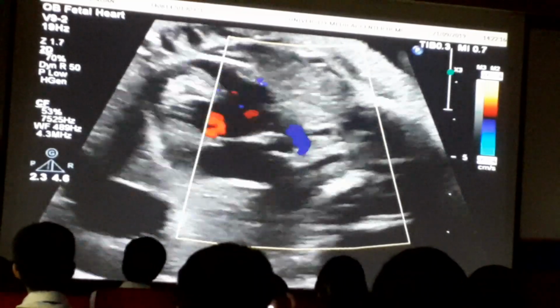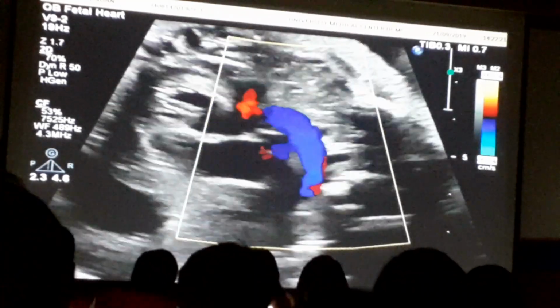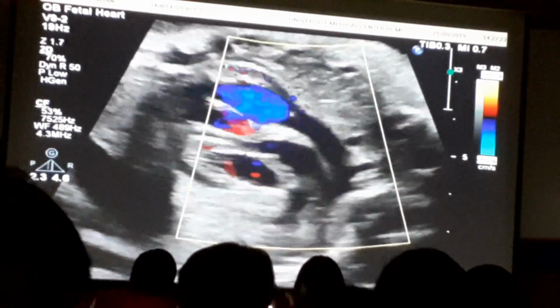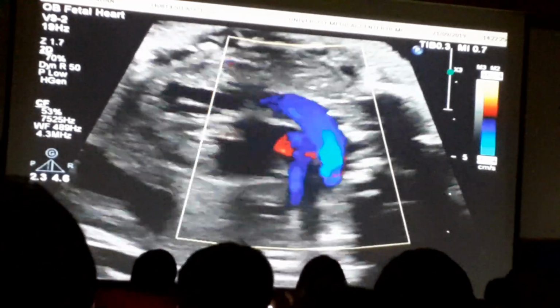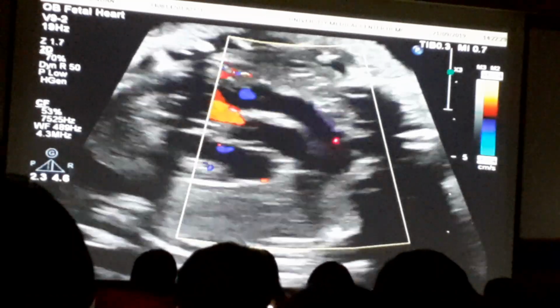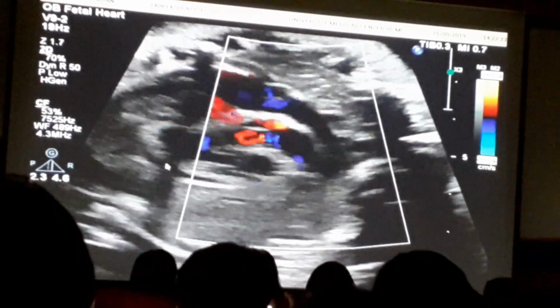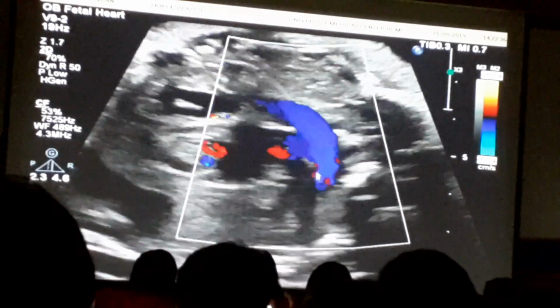There we go. Looks like the ductal arch may have some small amount of bidirectional flow, and it is a little small. Có vẻ là cung ống động mạch này, cái cung động mạch chủ này hơi nhỏ chút. You just see little flashes of red here.